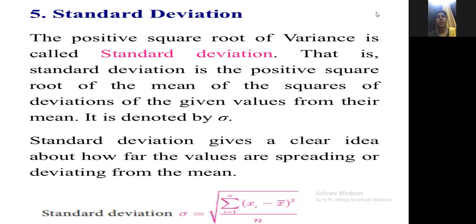And this is the method which gives a clear idea about how far the values are spreading or deviating from the mean. The spreadness is actually considered from the mean. The first thing is to calculate the mean of the data, and after that we start finding out the spreadness. So standard deviation provides us a clear idea regarding how far the values are spreading. So this is the formula of standard deviation, and it can be understood in a much better way when we go through the calculations.